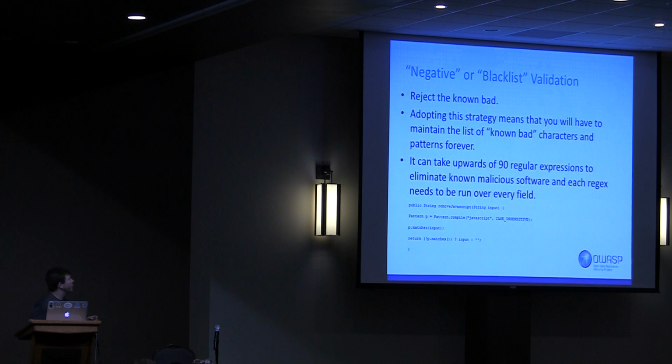So if we look at one approach, negative or blacklist validation, this approach says if we know that certain things are bad, let's reject it. And I'm just going to say that, and I think there's an example later where we'll be looking at the MySpace worm, Samy Kamkar's MySpace worm, which is the best example I've seen of the failure of blacklist validation.